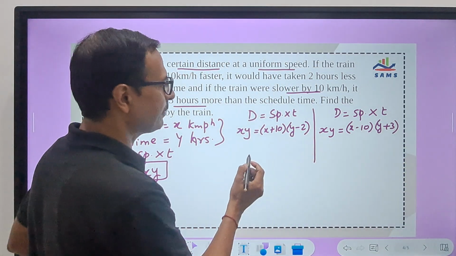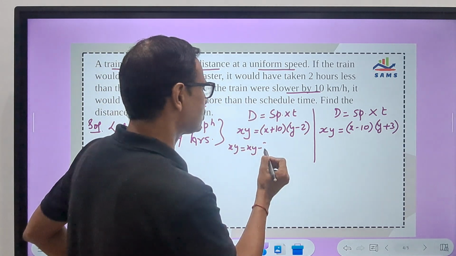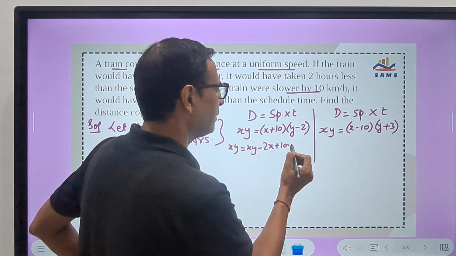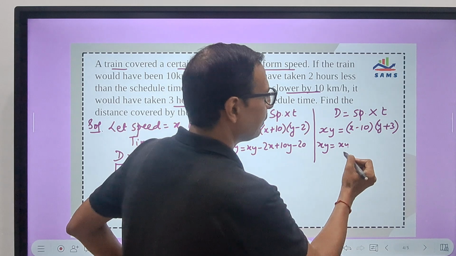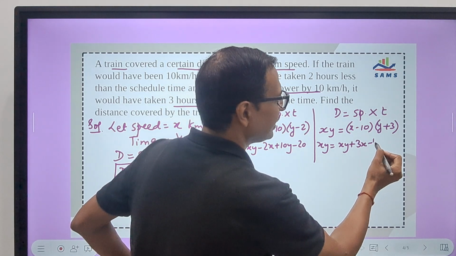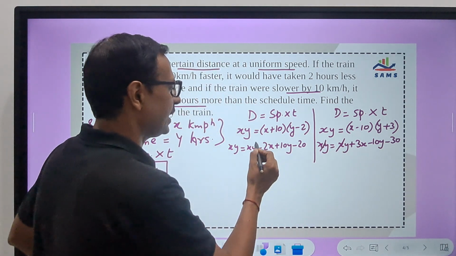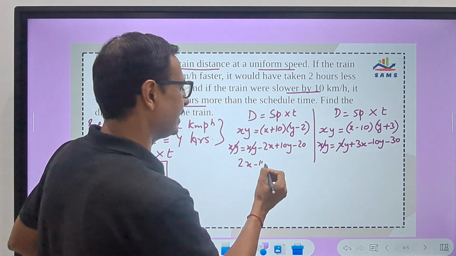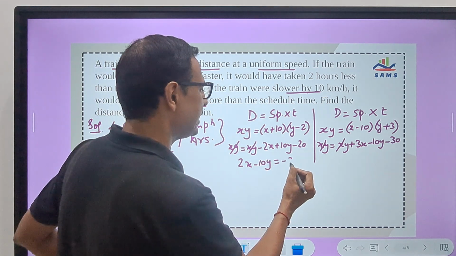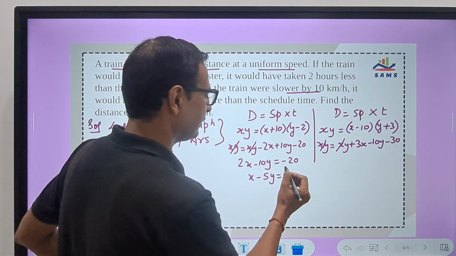Now if you get rid of the brackets, xy equals xy minus 2x plus 10y minus 20, xy equals xy plus 3x minus 10y minus 30. So 2x minus 10y equal to minus 20, or x minus 5y equal to minus 10.